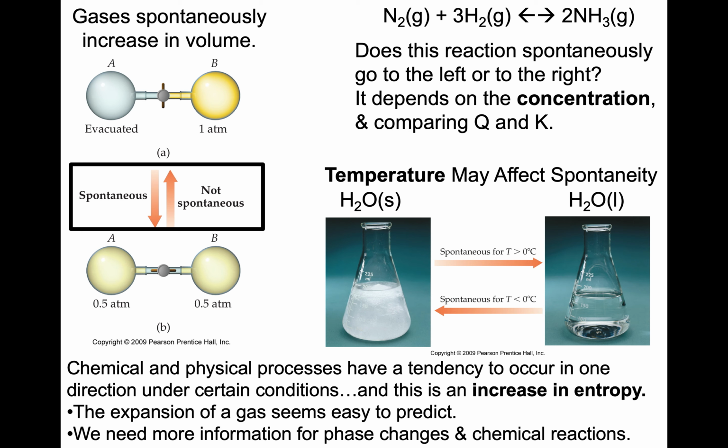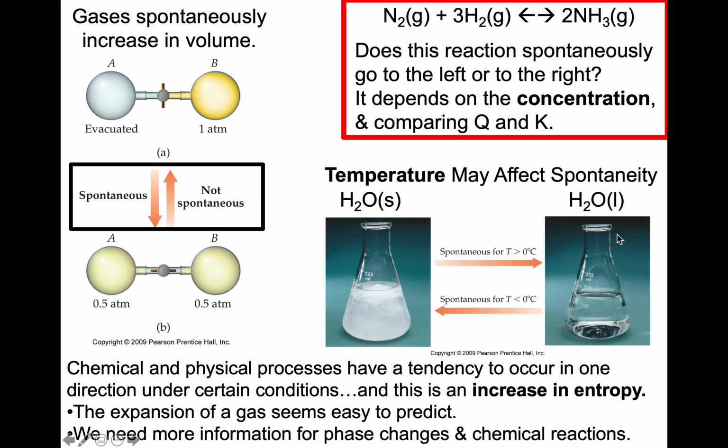It always has the same observation for us. But for phase changes and chemical reactions, it seems like we need more information. We need information about the temperature. And for that chemical reaction, we need information about the amounts that were present. This idea of including concentration is something I add that's not in the textbook at this section, and I think it's really important.